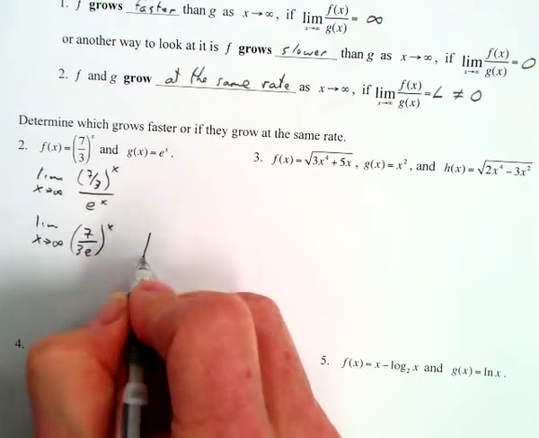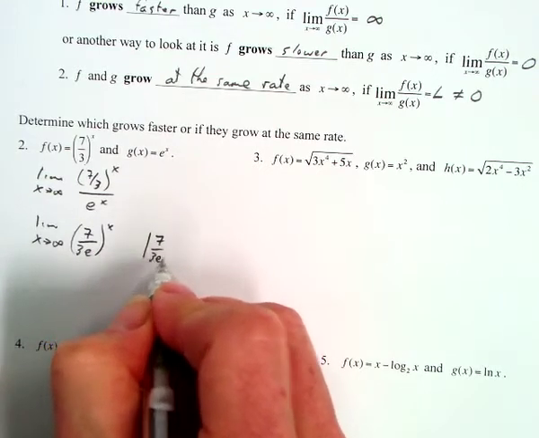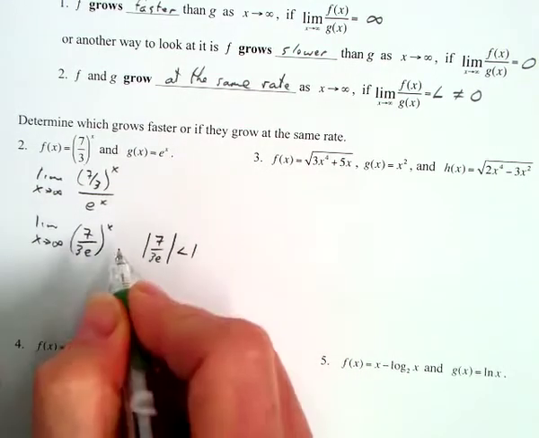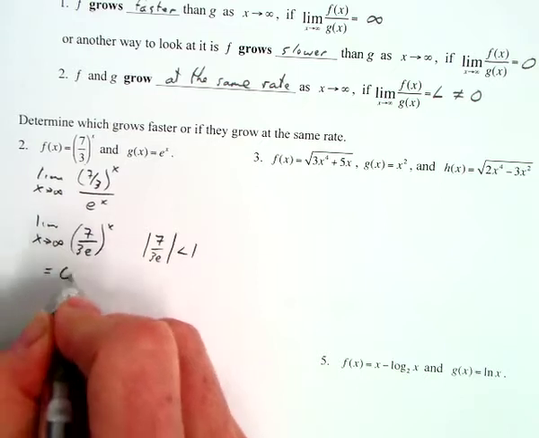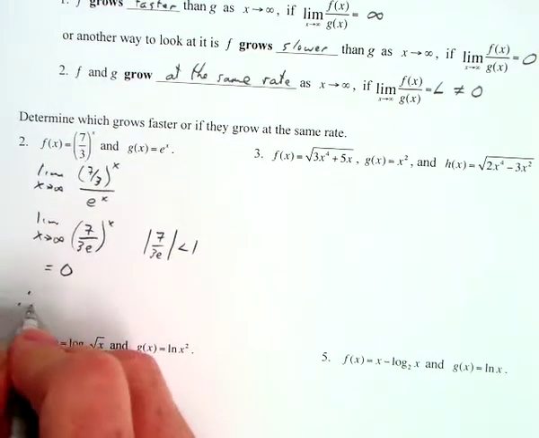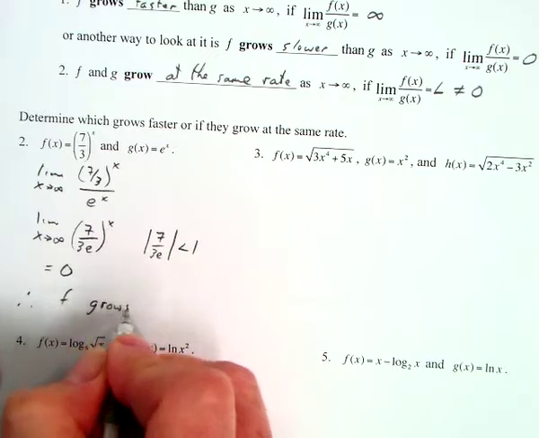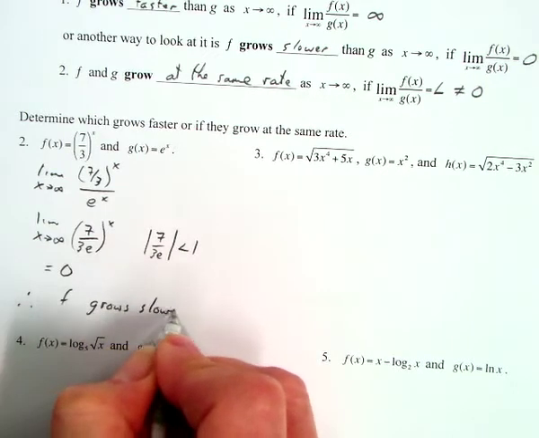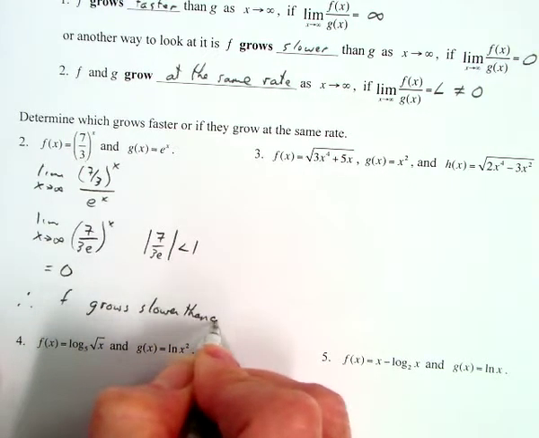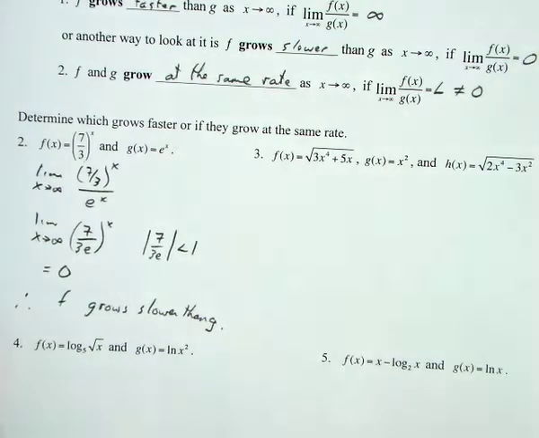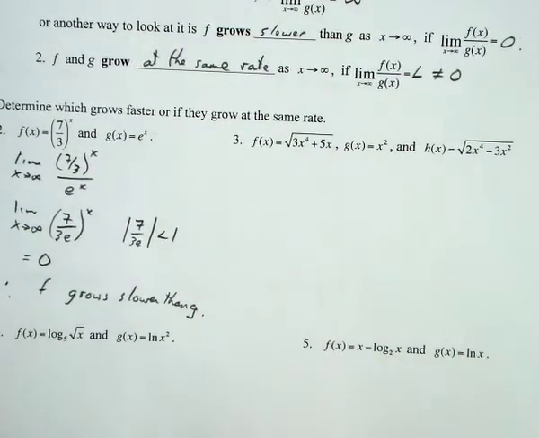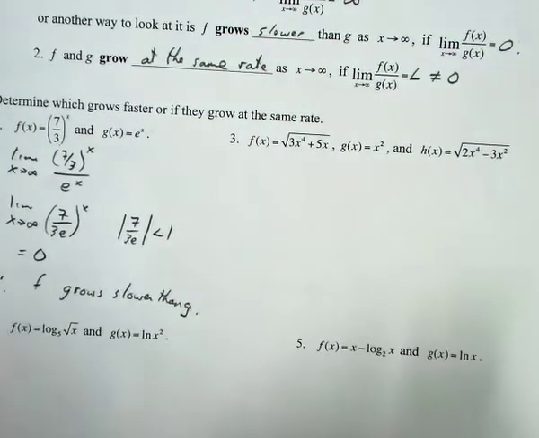And since 7 over 3e, the absolute value, is less than 1, this limit is 0. So f grows slower than g. And that's pretty much it with it. So we're just going to look at various different ones.